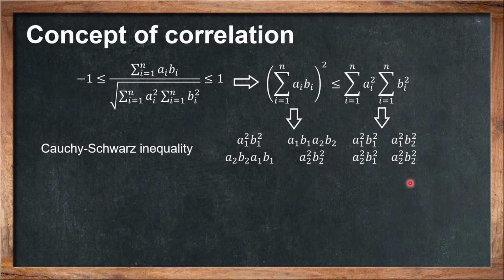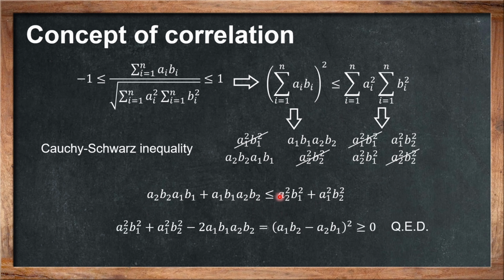That's why we can cancel them out. And now we are left with just four terms. Thus, the inequality for n equals 2 can have the following shape. This one. And if we simplify this expression, we will get this one.